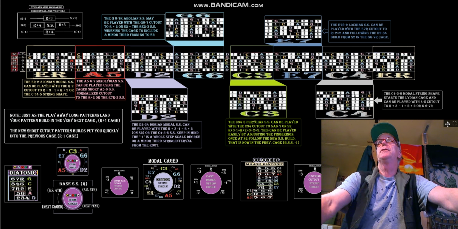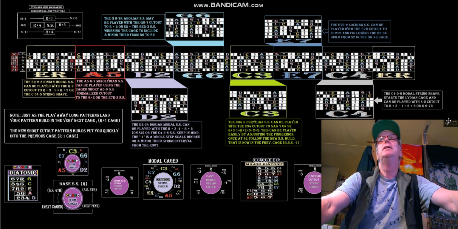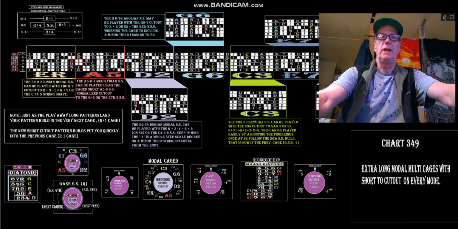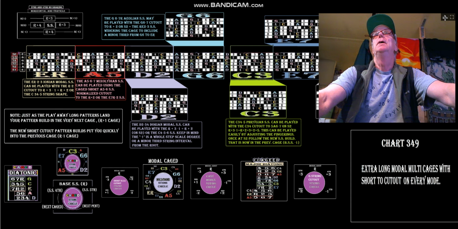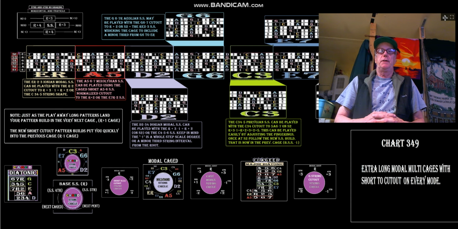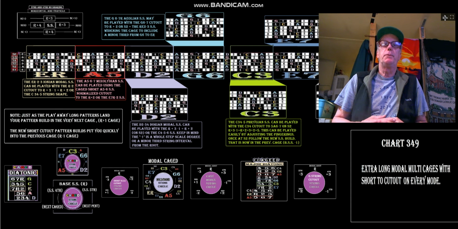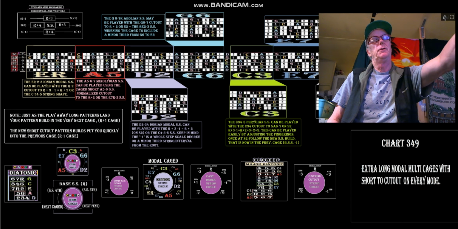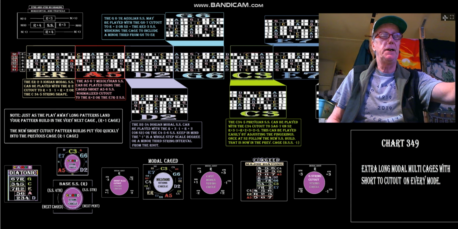And of course the cages connect in different ways. Some of them have more overlap than others. For instance, the modal cages have complete scalar overlap. So we have an Ionian cage. Those are the 3 bottom notes of the Ionian cage.